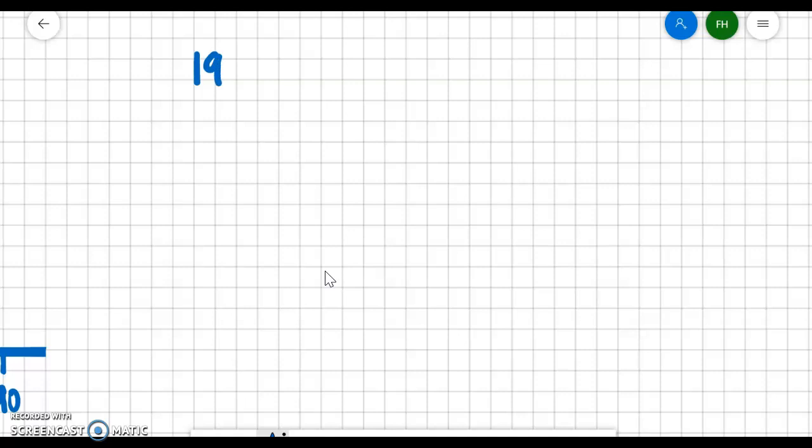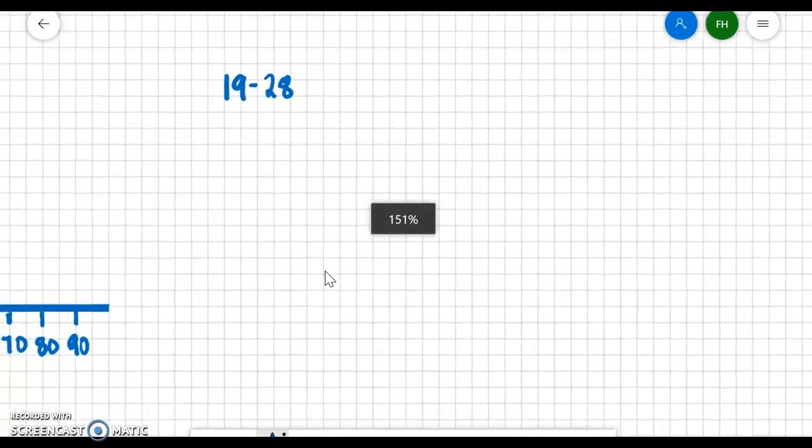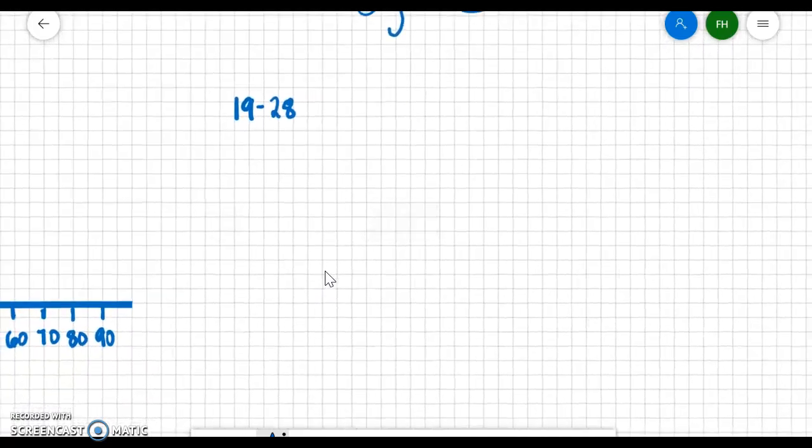My first class is 19 to 28, and you know how to use Excel and StatCrunch to get these, or you can even get these by hand. Then my second class is 29 to 38, and then 39 to 48.